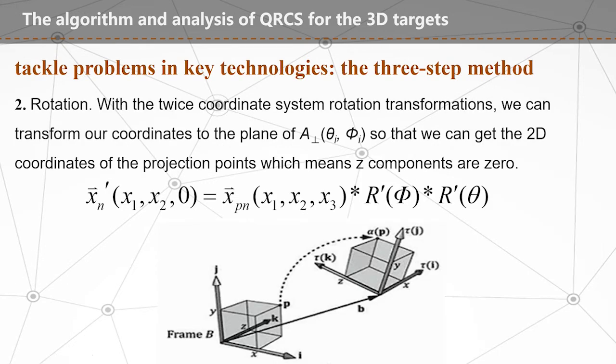After that, the second step is rotation. With the twice coordinate system rotation transformations, we can transform our coordinates to the plane of a vertical item so that we can get 2D coordinates of the projection points, which means z components are 0.